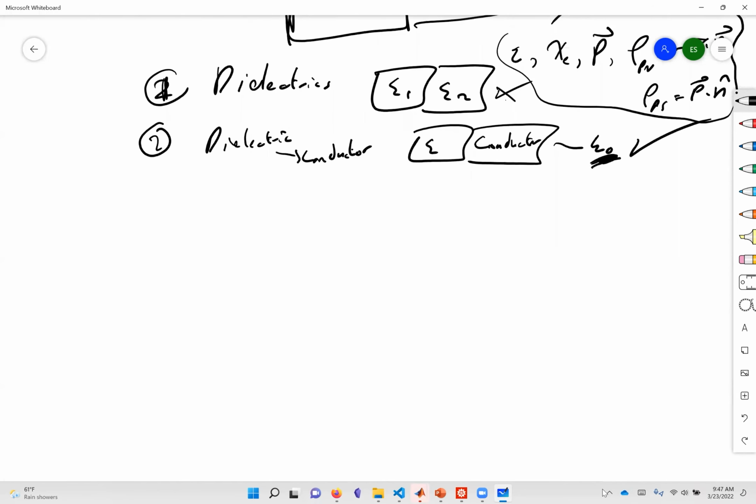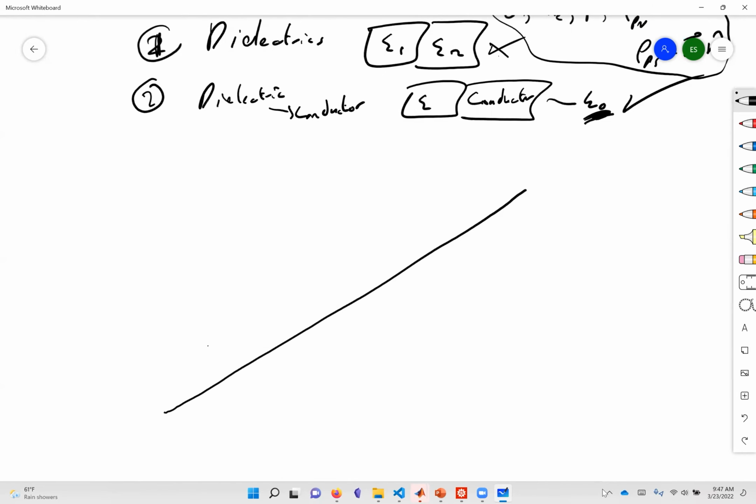What we need to do is apply the postulates at the interface. So let me expand the interface. This is epsilon1, epsilon2. I need to understand what happens if we are really close to the interface.